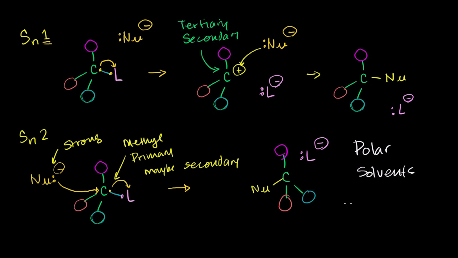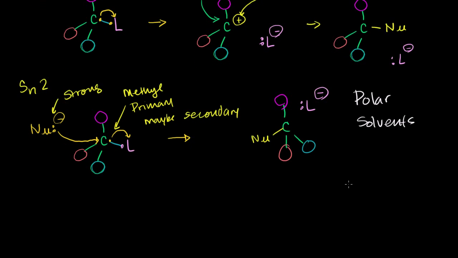You are familiar with polar solvents. Water is a polar solvent, H2O, and it's polar because oxygen is so electronegative, it hogs electrons. So you have a partial negative charge on the oxygen side and partial positive charges on the hydrogen side.